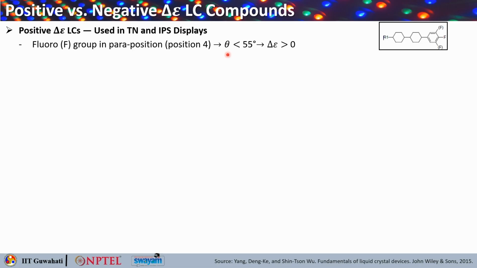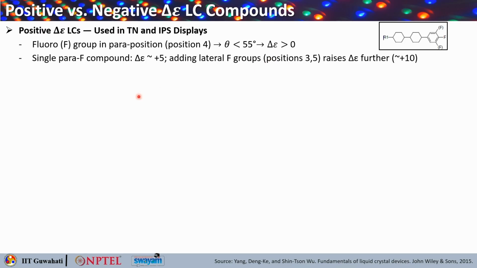There you can have this angle theta less than 55 degrees, that means you will get delta epsilon positive. And if you have a single para F compound, you can get delta epsilon around plus 5, and adding lateral groups in positions 3, 5 can further raise this anisotropy to plus 10.